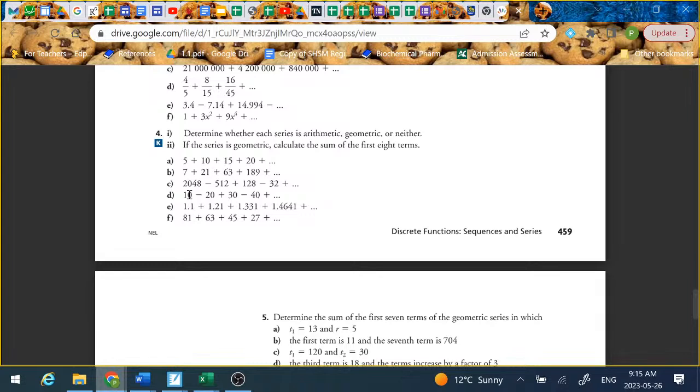If you have alternating signs like that, it's not arithmetic, that's for sure. It might be geometric though. Neither means you don't have a common difference, nor a common ratio. So you do both tests, and neither of them work.